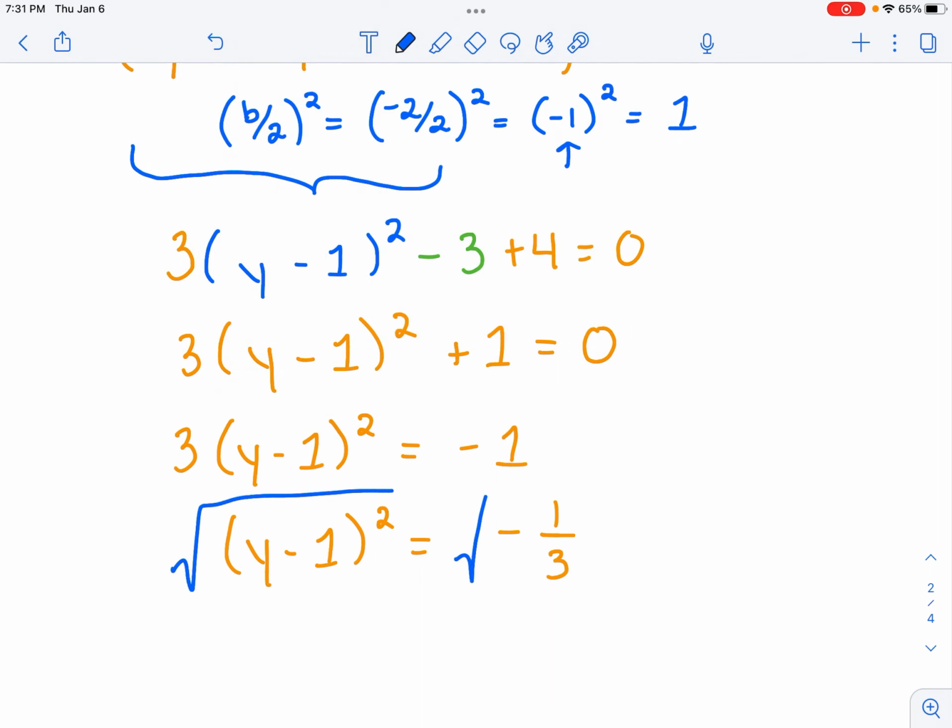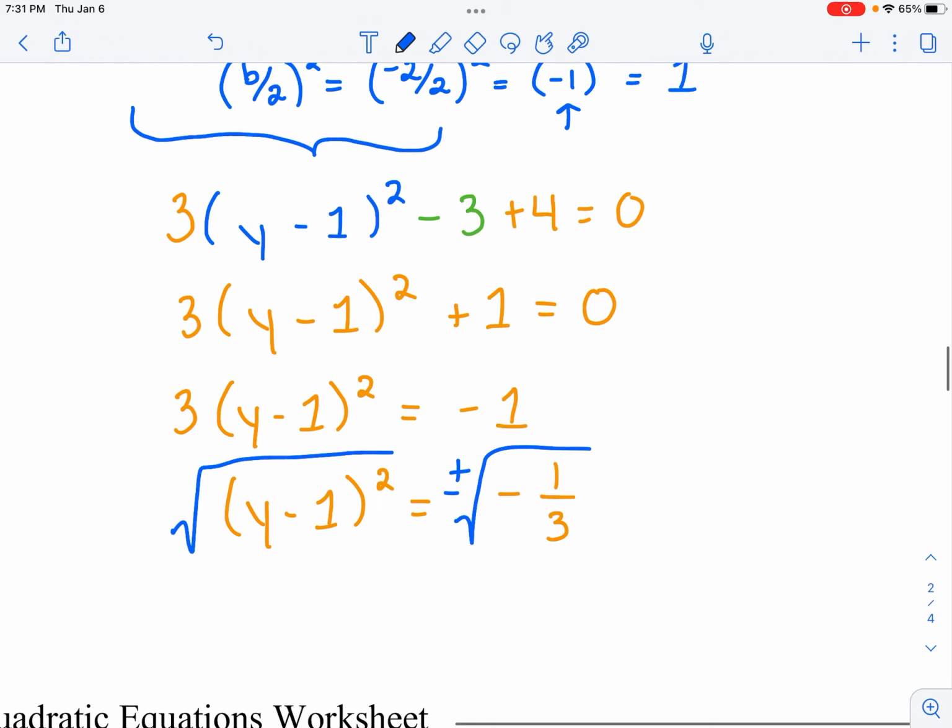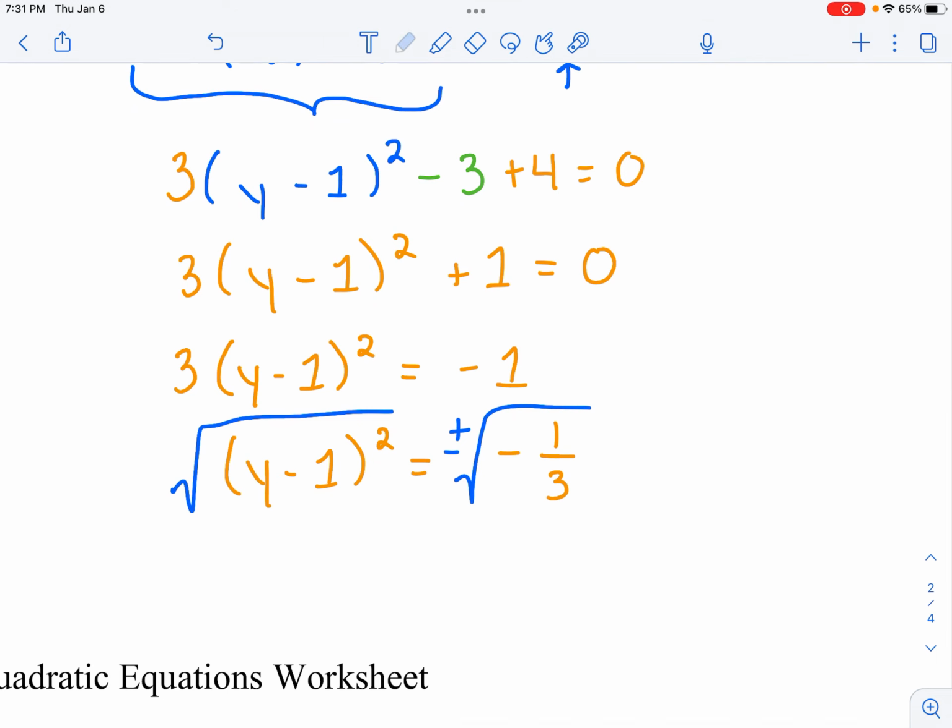Square root the left, square root the right, put a plus or minus in there because I'm square rooting a number. Now I'm square rooting a negative again. So I'm going to turn this into y minus 1 equals plus or minus i, and I'm going to do square root 1 over square root 3, which is really just plus or minus i times 1 over the square root of 3. So it's just i over the square root of 3.